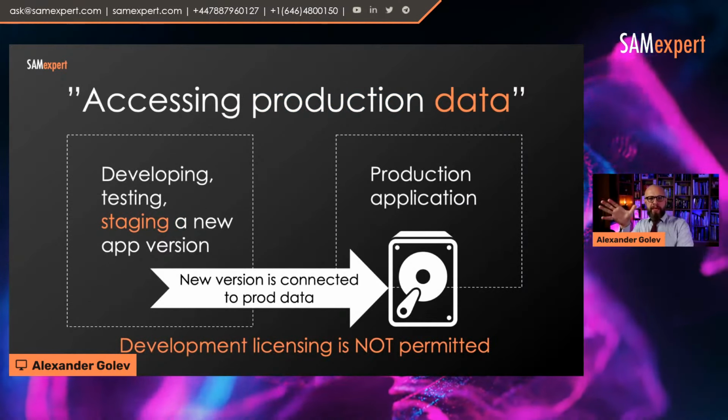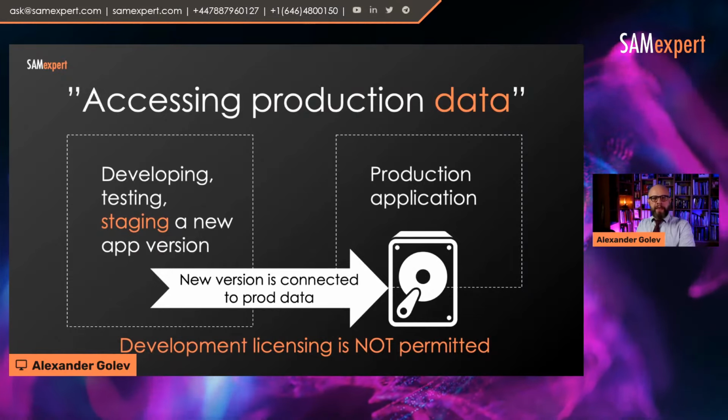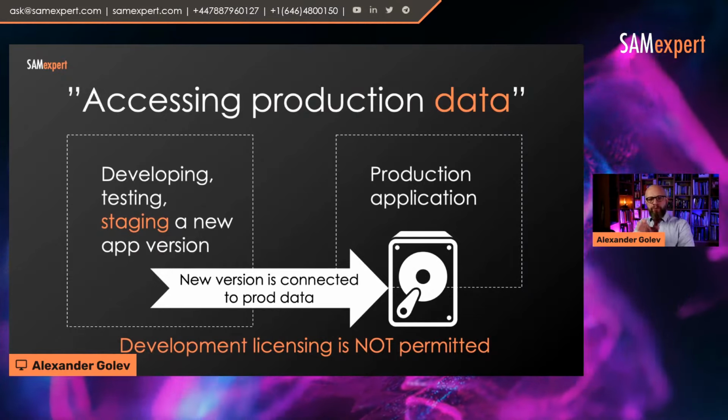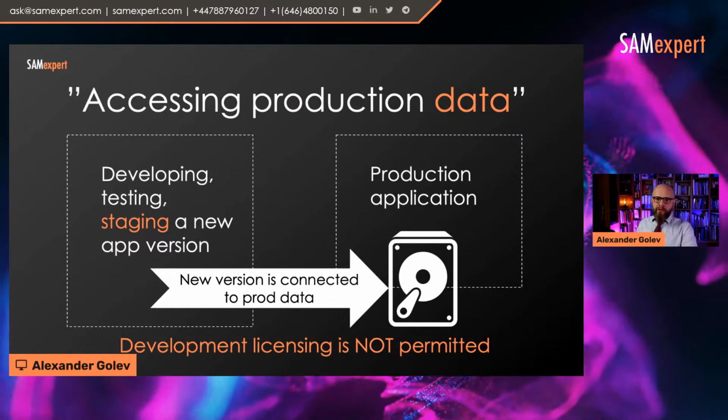So going back to accessing production data. Imagine you have a production application running and dealing with the data. If you're developing a new version, and in development, maybe you don't need to access production data.